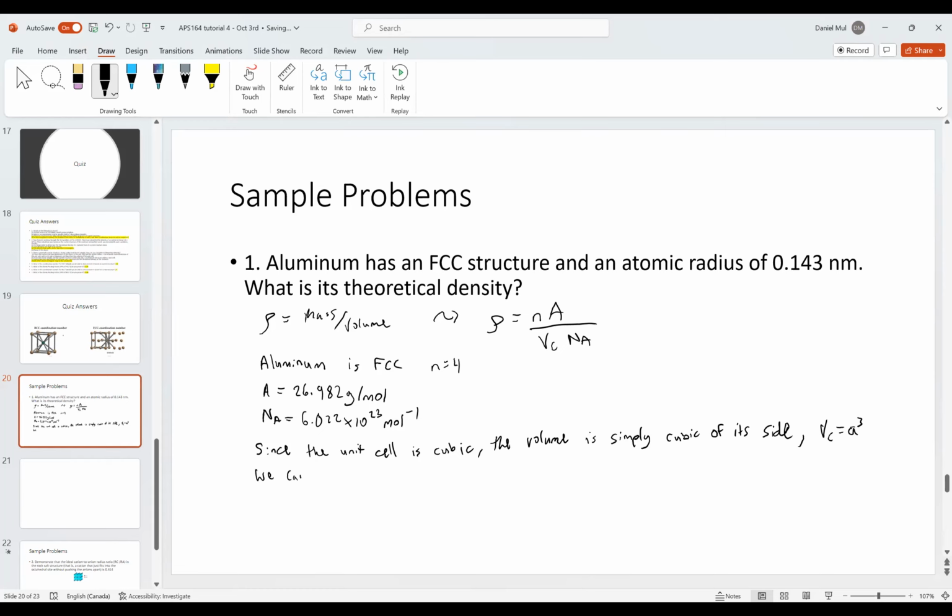We can estimate a from the radius R of the atoms in the unit cell.